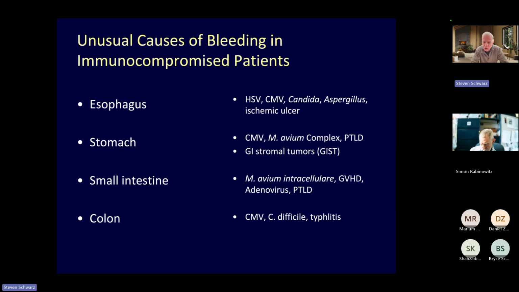Again, esophageal infections, generally you have an immunocompromised host, and they're shown here. Under normal circumstances, none of these organisms should really cause you to have that severe a problem that you're going to have bleeding. But again, you should be aware of the relationship between each of these organs and the associated infections that can cause bleeding.